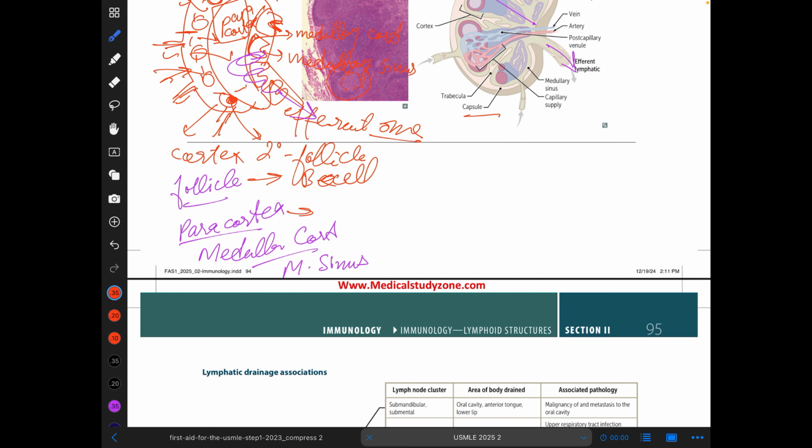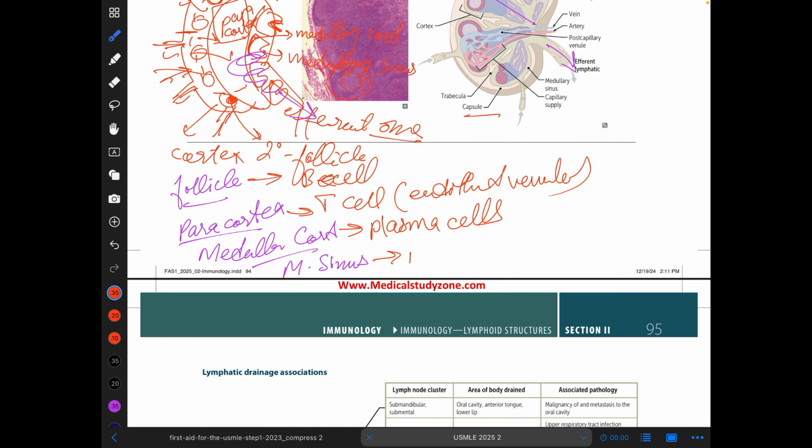The paracortex is affiliated with the T cells and, second, the endothelial venules. The medullary cord has plasma cells, and the sinuses have macrophages. Don't forget these structures, okay? Follicles are affiliated with B cells, paracortex with T cells, medullary cord with plasma cells, and medullary sinuses with macrophages. This is all about the lymph node.